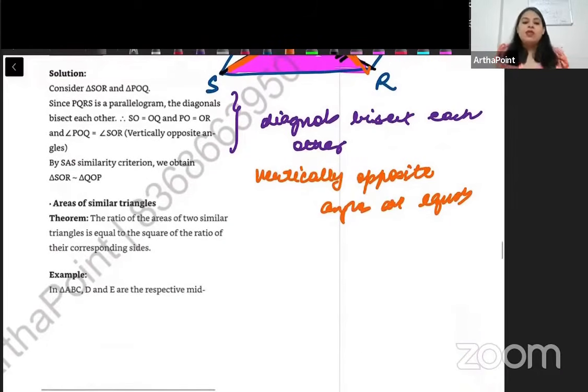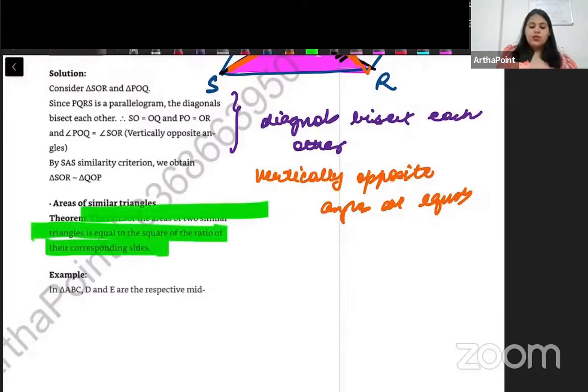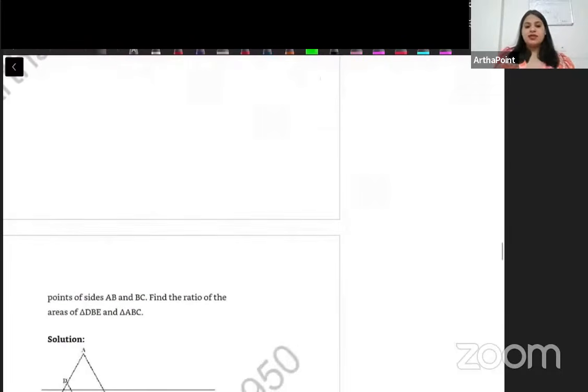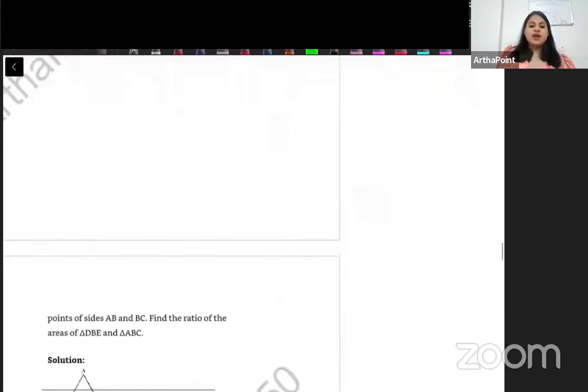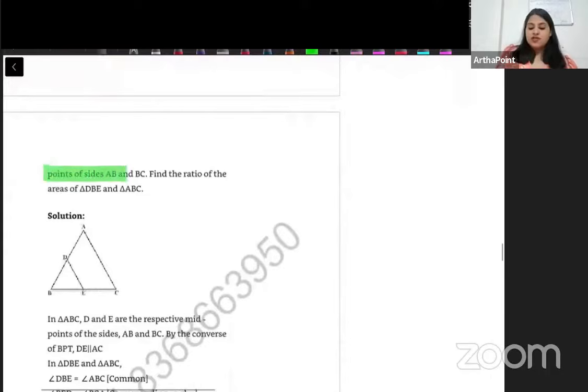Right? Now, come to the next theorem, beta. The ratio of area of two similar triangles is equal to the square of the ratio of their corresponding sides. So once I find the ratio of the area, it should be equal to the square of the ratio of the corresponding sides. Take example le lete, beta. In triangle ABC, D and E are respectively the midpoints of sides AB and BC.